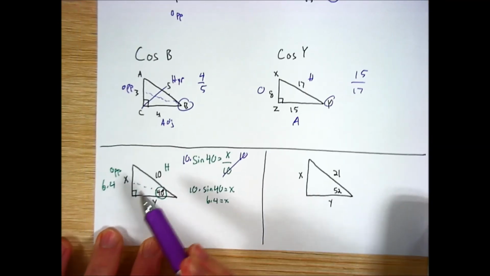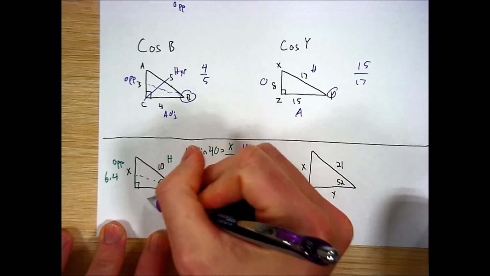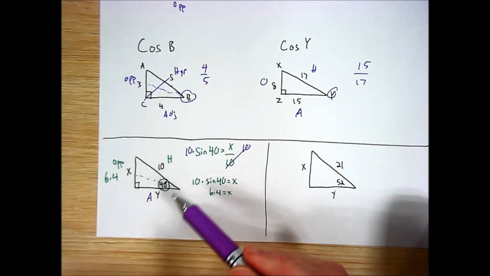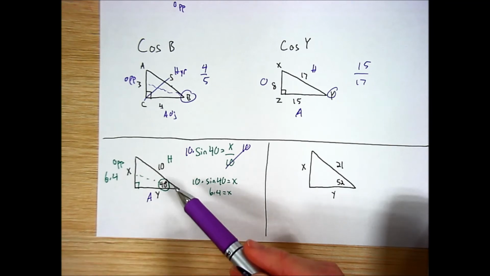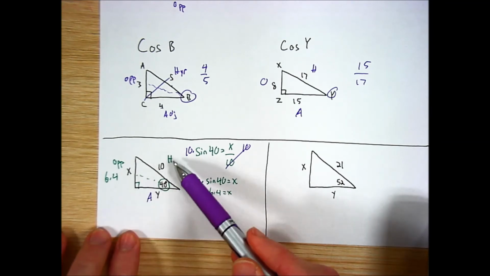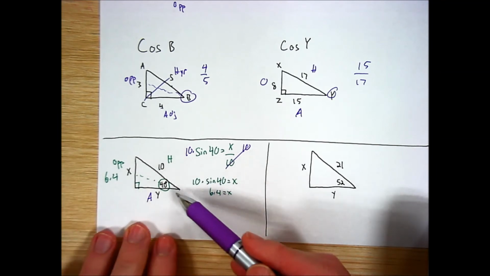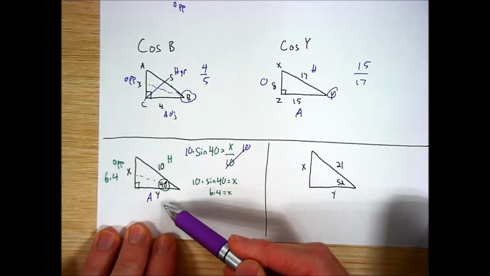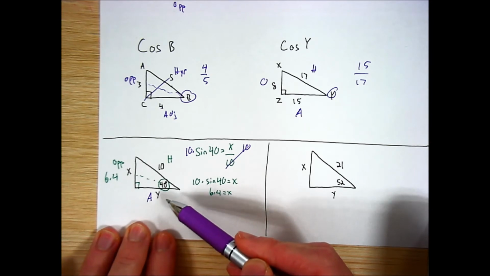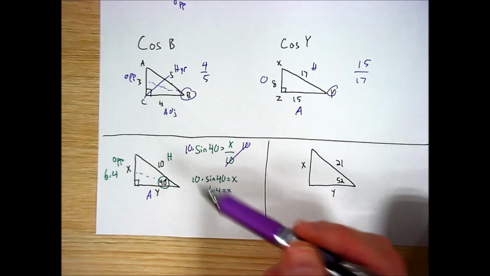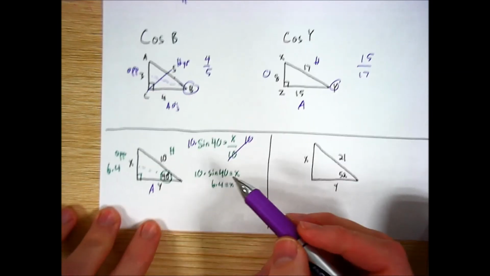So we got x, now we need y. Y would be the adjacent side, so I would use adjacent. From this point we have options. I have 2 out of the 3, so I can do a squared plus b squared equals c squared. I can do opposite over adjacent, TOA, for tangent, or I could do cosine, adjacent and hypotenuse. Lots of options. I'm going to go with the cosine.